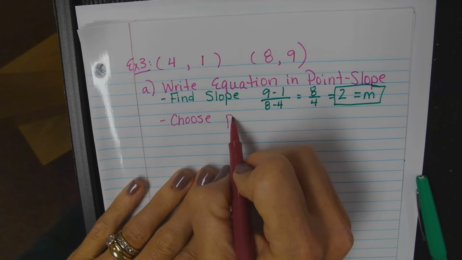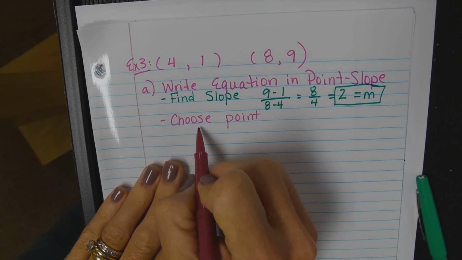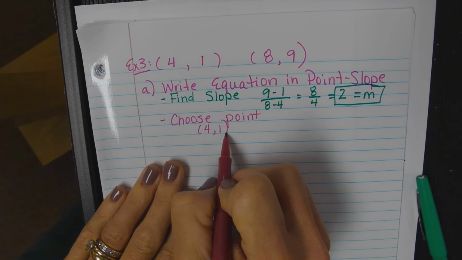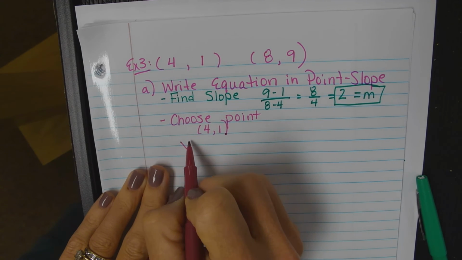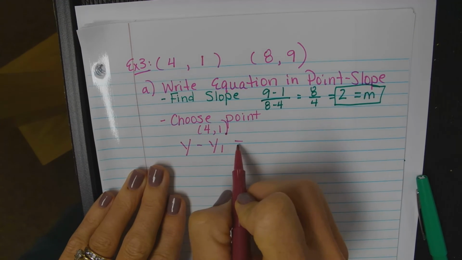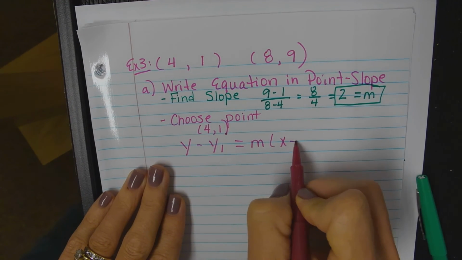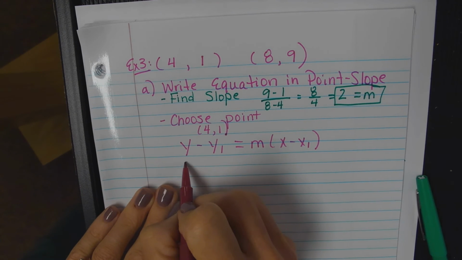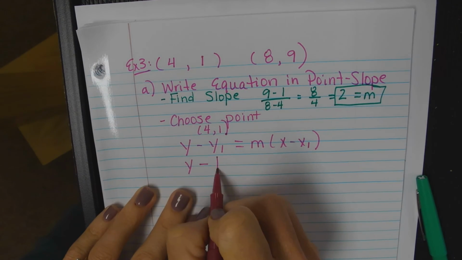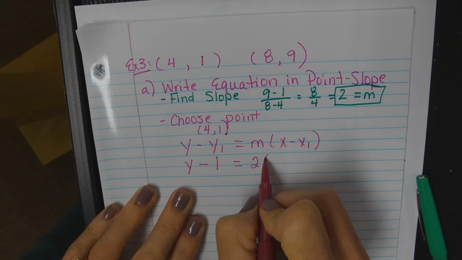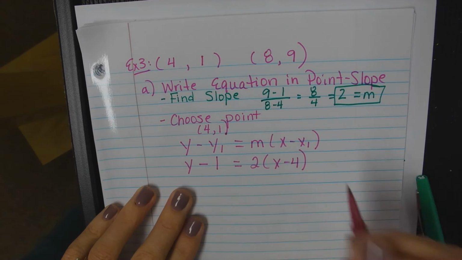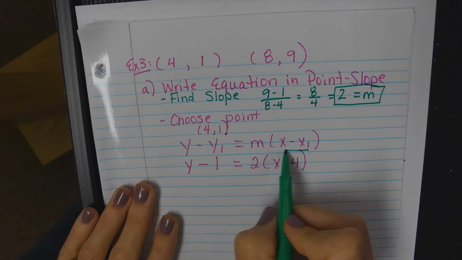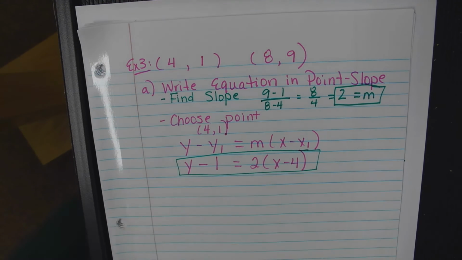So we are choosing 4, 1. Now, put it in point-slope form. You have everything you need. So you have y minus 1 equals 2 times x minus 4, and you're done with A. The only difference in this one is we had to find the slope first.